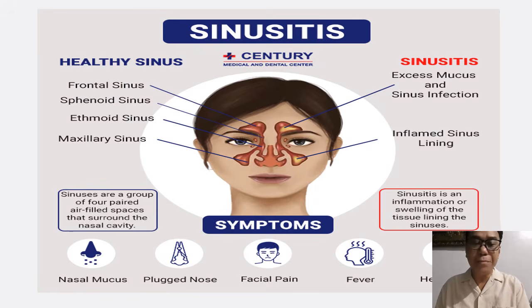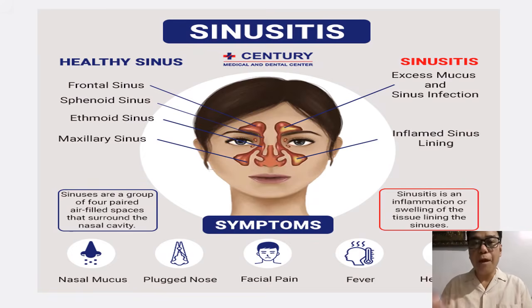So for possible signs and symptoms, you could experience facial pain. Okay, usually if the affected site is the maxillary sinus, there will be pain on the cheeks and on the upper teeth.